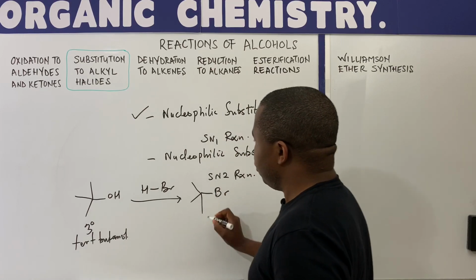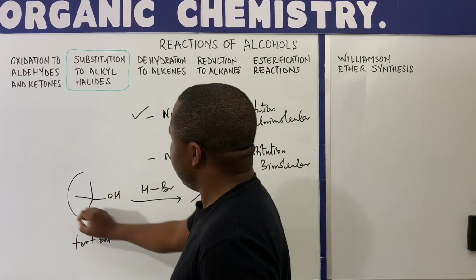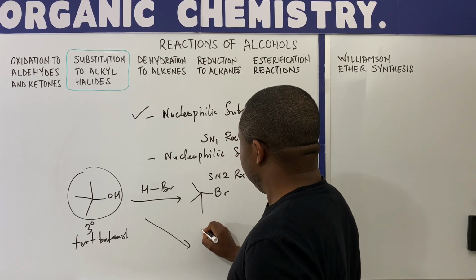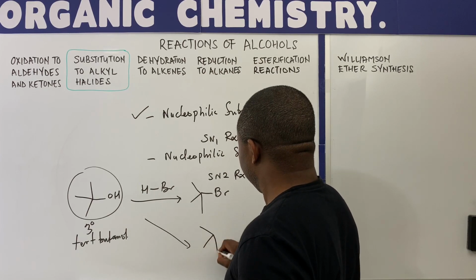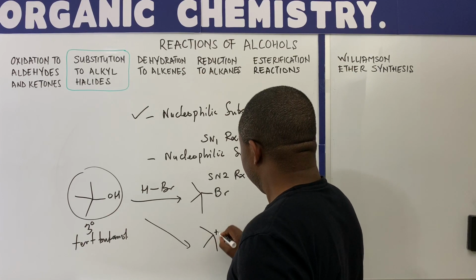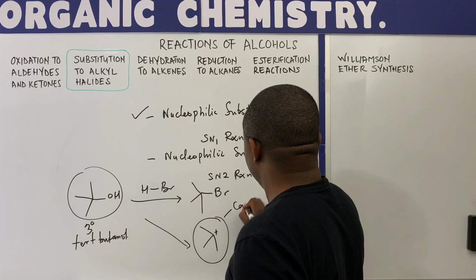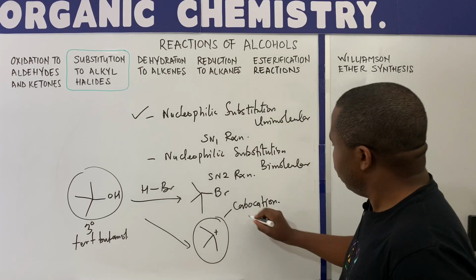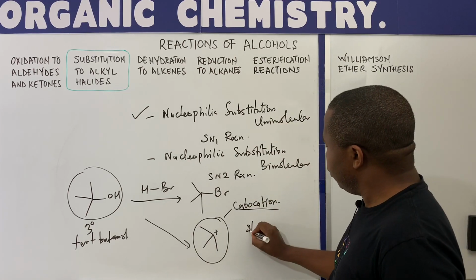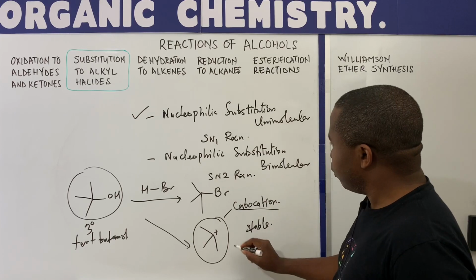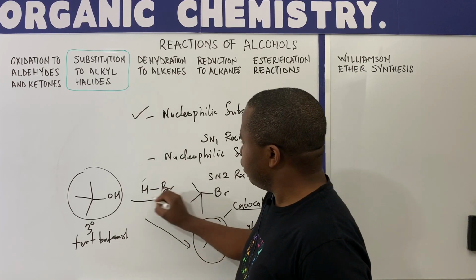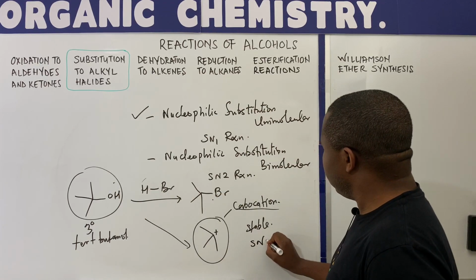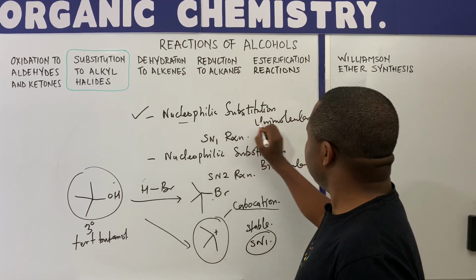So this is possible because this compound, this tertiary alcohol, can give us this intermediate, which is a carbocation. So this carbocation is stable, and that is why the reaction between this and this to form this is an SN1 reaction, nucleophilic substitution unimolecular.